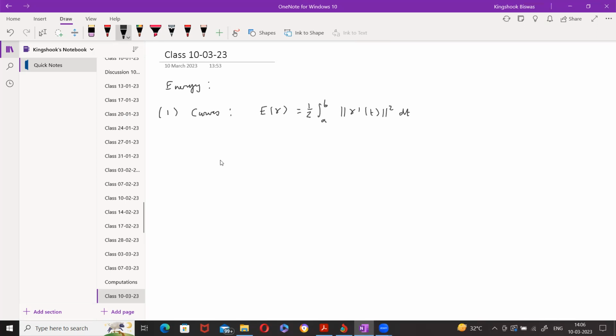And so for a curve, we looked at variations of the curve, keeping the endpoints fixed, right?